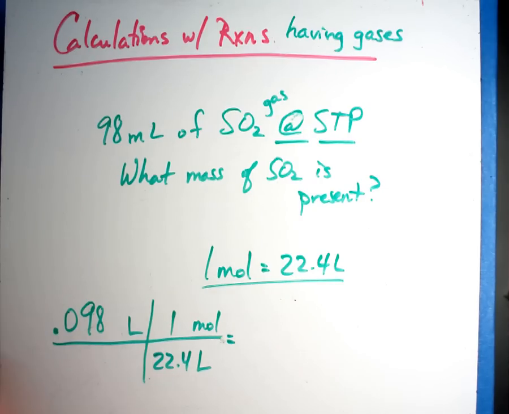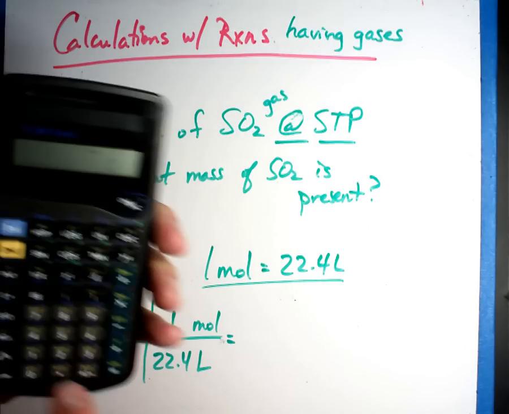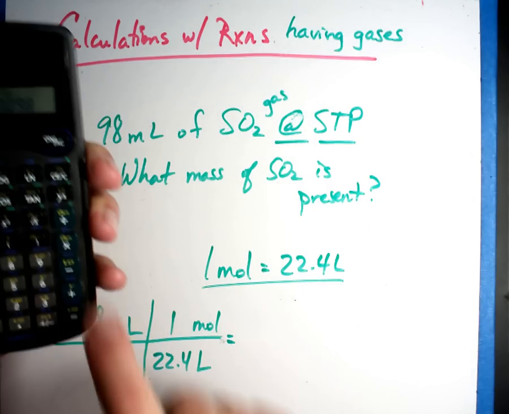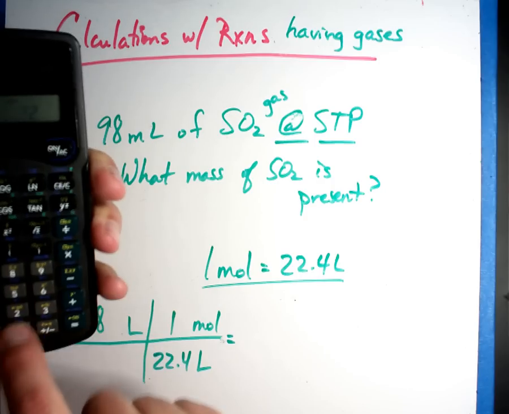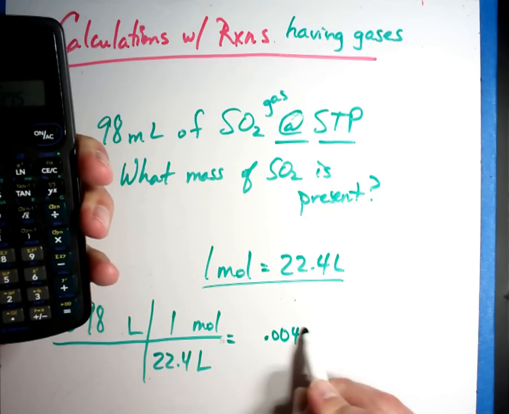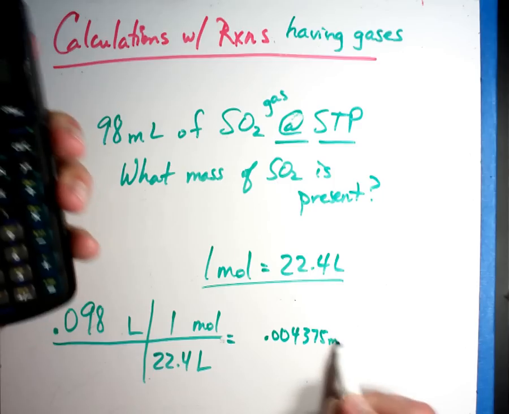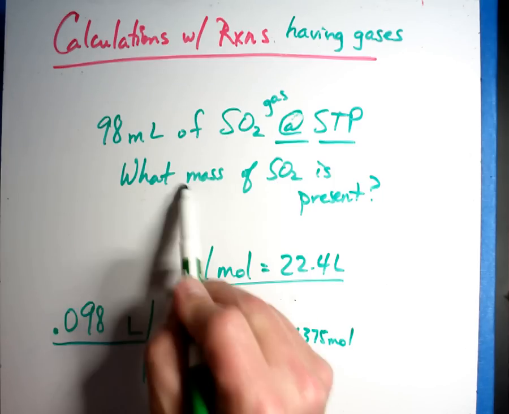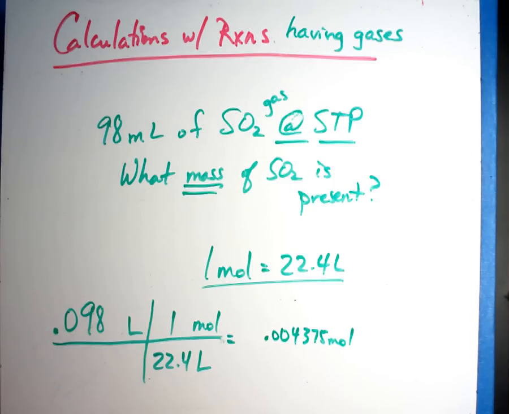And so if I take my handy dandy calculator, 0.098 divided by 22.4 is 0.004375 moles. But I have a problem because it says what? Mass. Okay, well then I'll just take moles and change it to mass. Mole to grams.